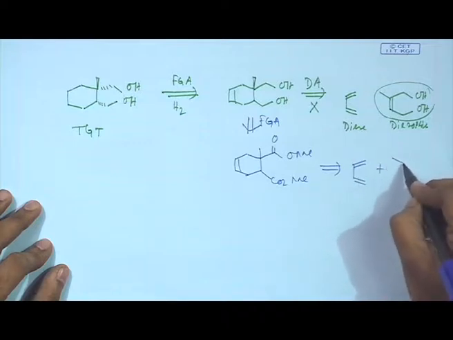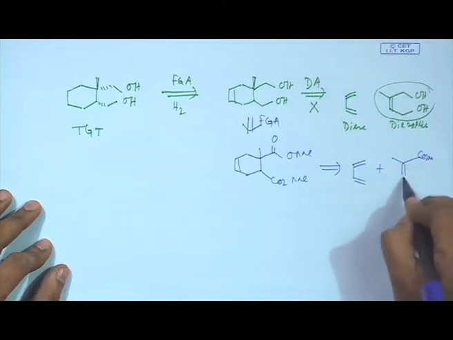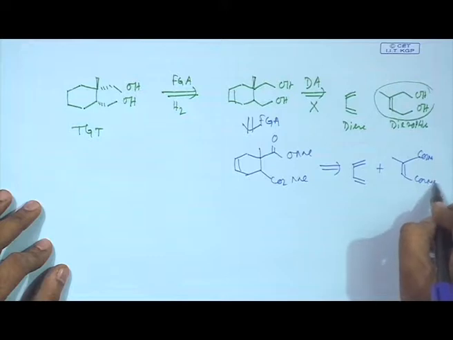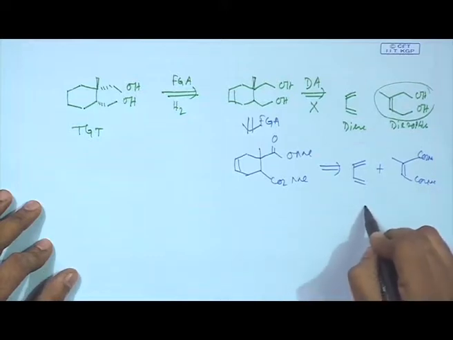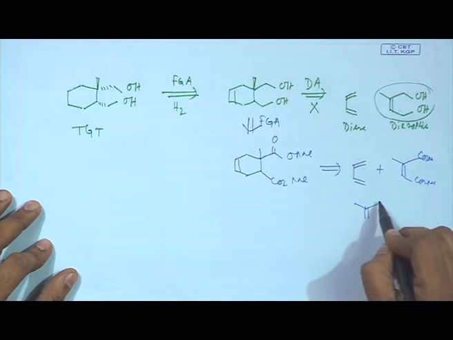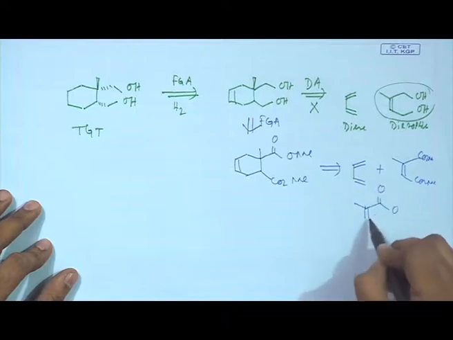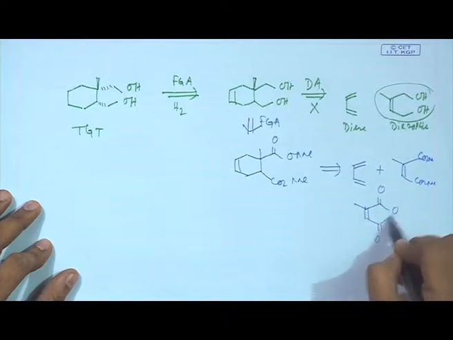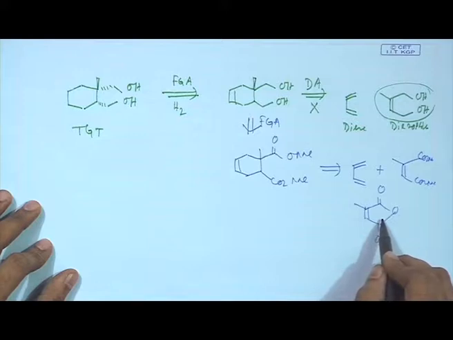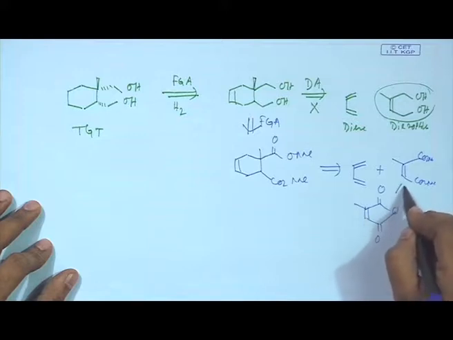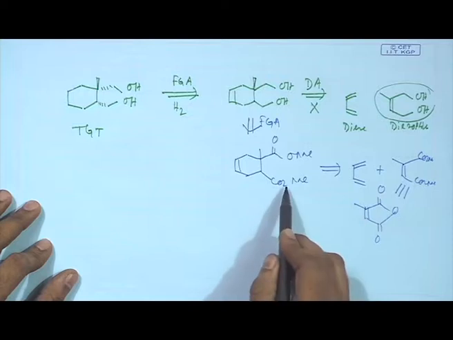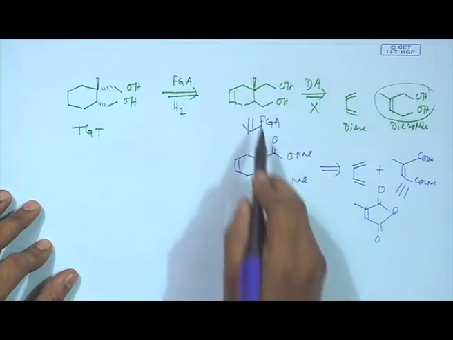Now, see your Diels-Alder pathway is perfect. You have this dienophile, or even you can choose a dienophile something like this, a cyclic dienophile, which also will serve the purpose. So, any one of these dienophiles can be used, and then you can do a reduction.